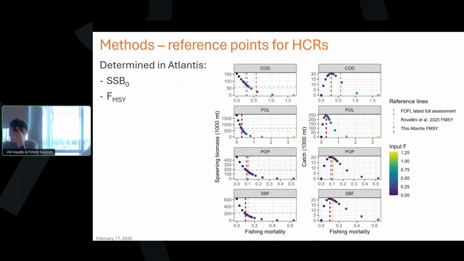So you have fishing mortality on the X, and then in the left column it's biomass, and in the right column it's kind of like a yield curve.